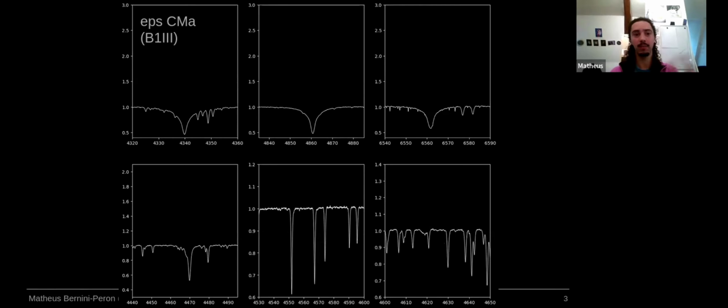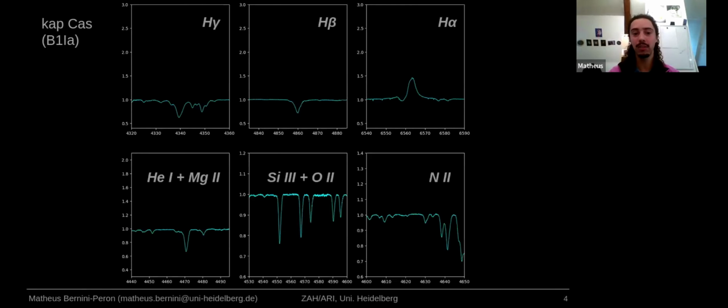But this is a giant. Now, if I take a supergiant with a similar effective temperature, we start to see that the Balmer lines get narrower, and H alpha, for instance, can start to get in emission or in P Cygni, and other lines basically still behave the same.